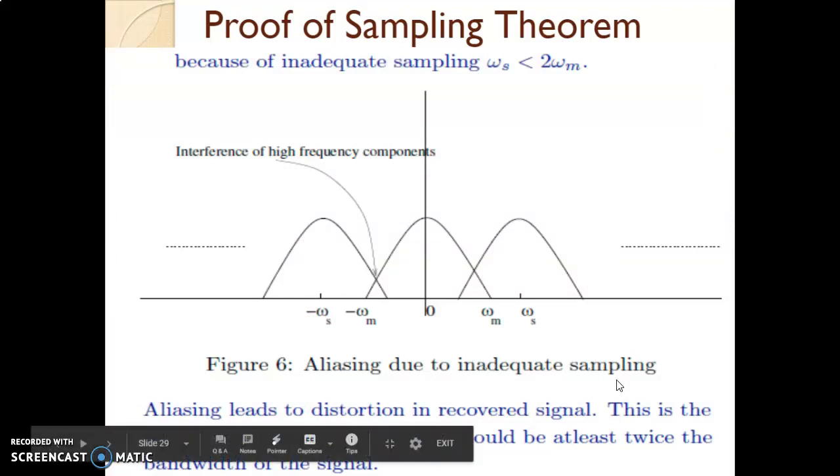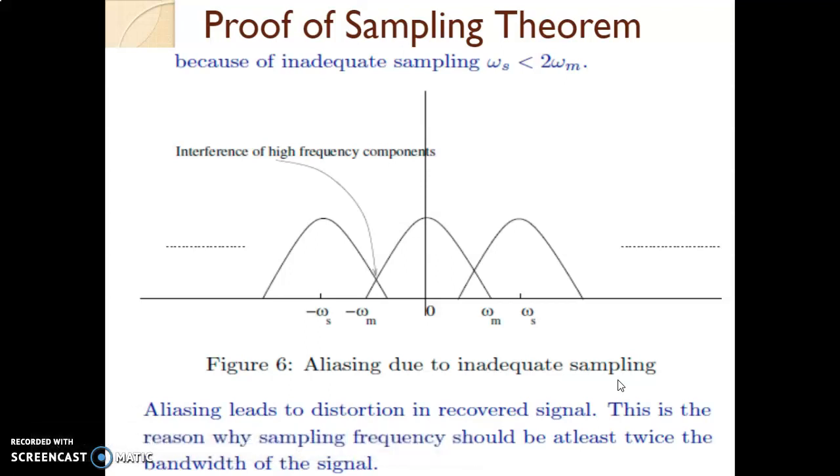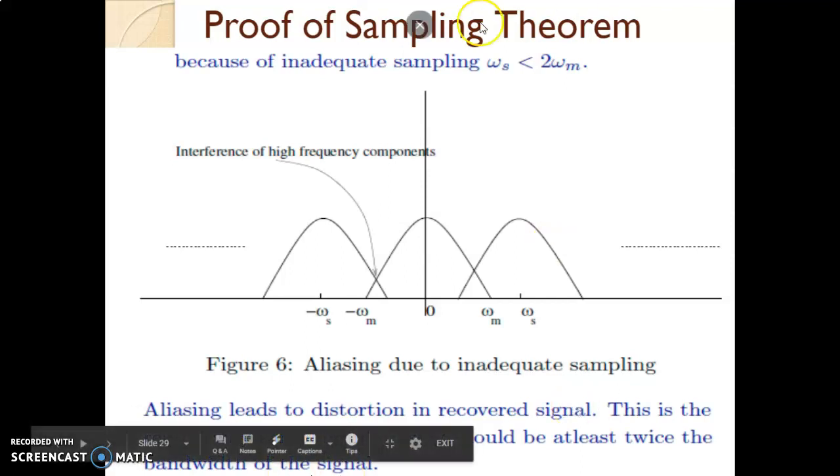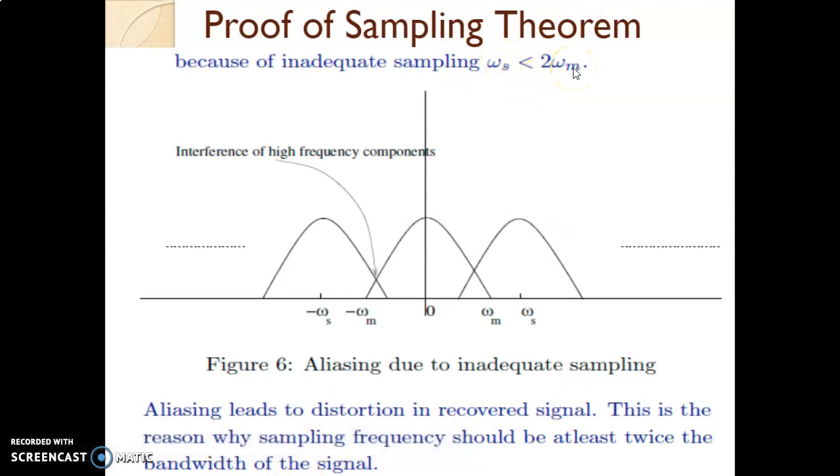Now we said according to the sampling theorem, the sampling frequency should be greater than twice fm. If the sampling frequency omega s is less than twice omega m, then what will happen? Whatever samples we are getting at the output are going to overlap with each other. You see clearly, this is sample 1, sample 2, sample 3. They are overlapping with each other, and this effect is because of interference of high frequency components.